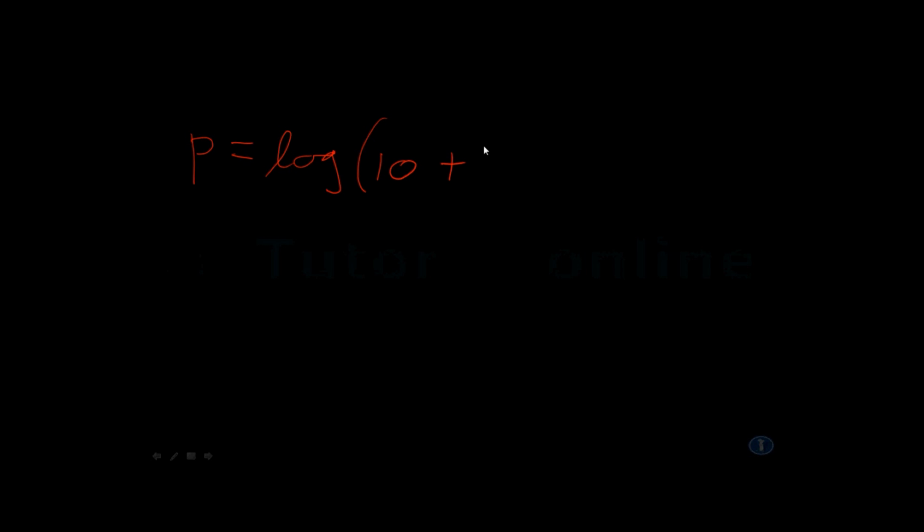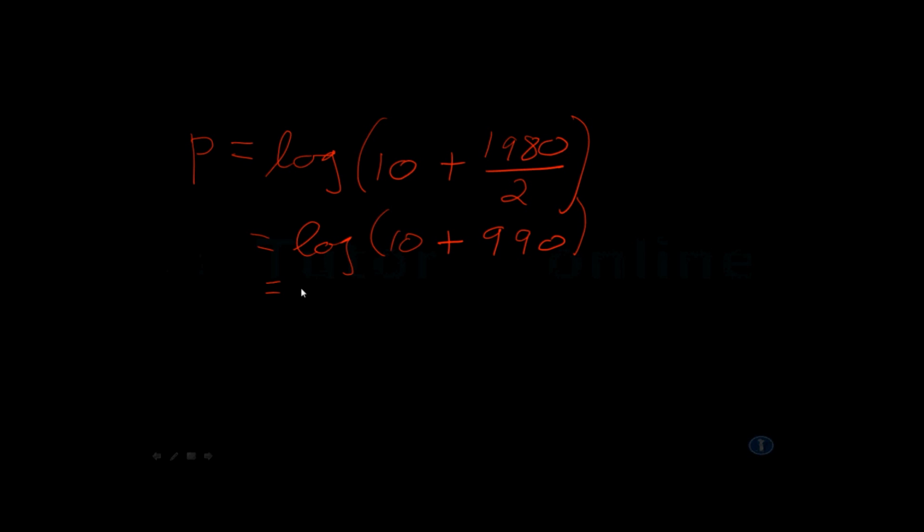So we replace Q by 1980 divided by 2. And then this is obviously equal to the log of 10 plus 990. And this is obviously equal to the log of 1000, which is equal to the log of 10 to the 3.